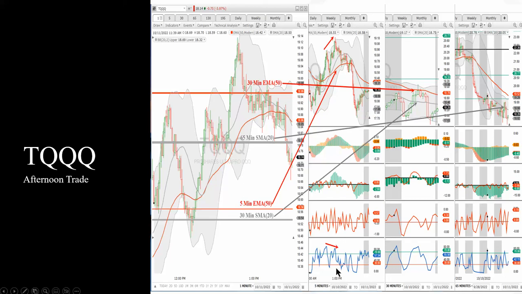So I look at only the 5-minute to force me to use the 5-minute indicators, and the 30-minute and the 65-minute for that matter. I use the 5-minute for real-time decision making, and I use the 30-minute and the 65-minute to give me a sense of security that my decision is sound, right? It's more higher level.